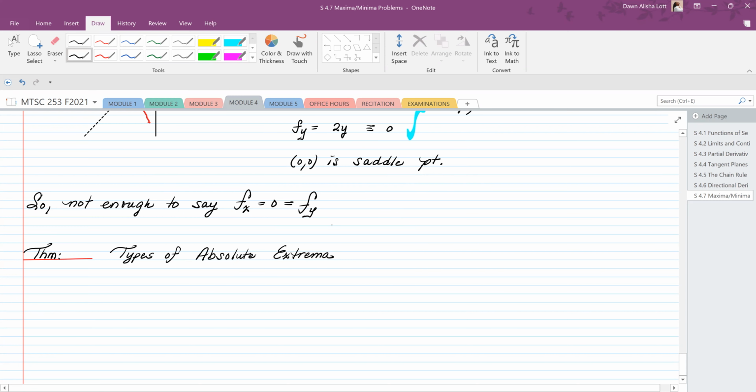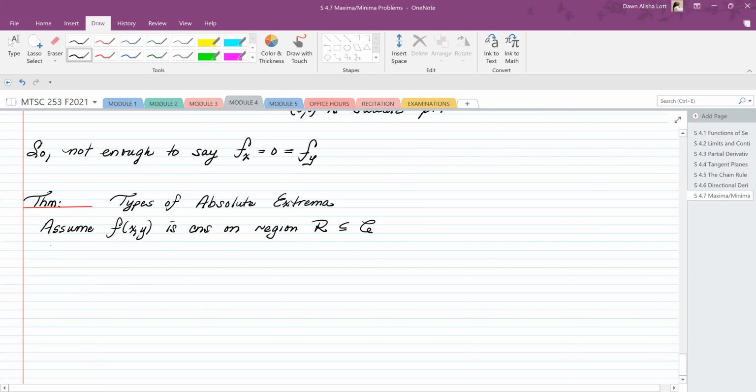So now we're going to assume that f of xy is continuous on a region R contained in some curve.